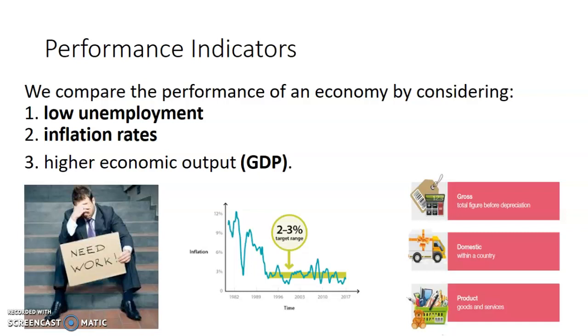Domestic is within our country, and product is goods and services. Gross is before taking out any expenses or depreciation. So gross is the total amount. When you deduct the expenses and depreciation, it becomes the net amount.